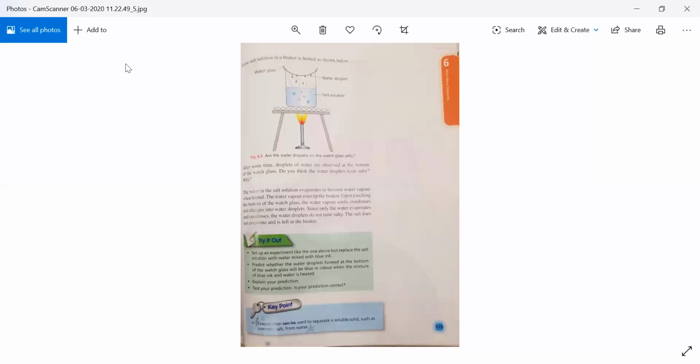When the water evaporates, the vapor will touch the watch glass and convert into water droplets, and these water droplets will not be salty, as they are just droplets of water, not the salt.